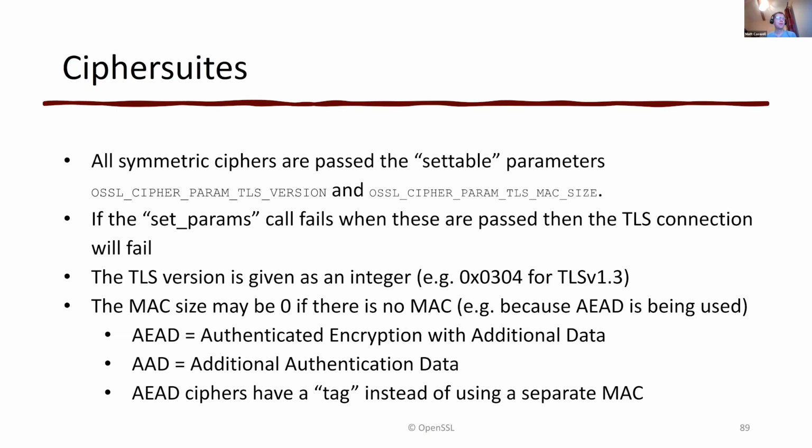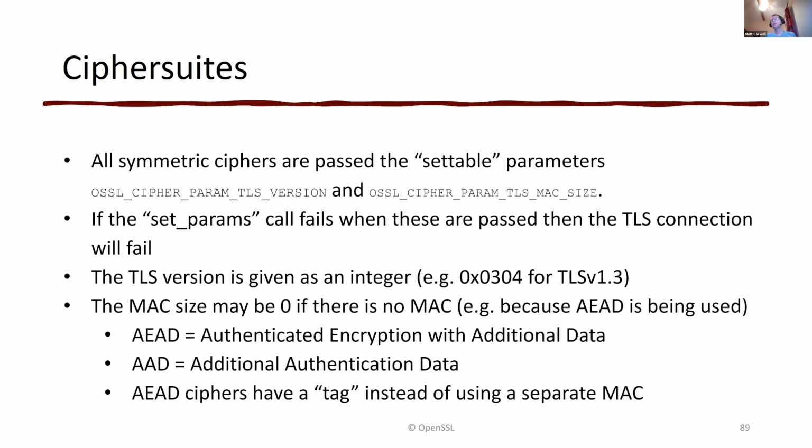Just a little bit of terminology. So the max size could be 0 if there isn't a MAC. Otherwise, it will be a positive value. But it could be 0 in the case that an AEAD cipher is being used. If you're not familiar with this, AEAD is authenticated encryption with additional data. It's associated with particular cipher modes. So, for example, GCM mode or CCM mode are AEAD ciphers. And they basically combine a symmetric cipher and a MAC into one algorithm.